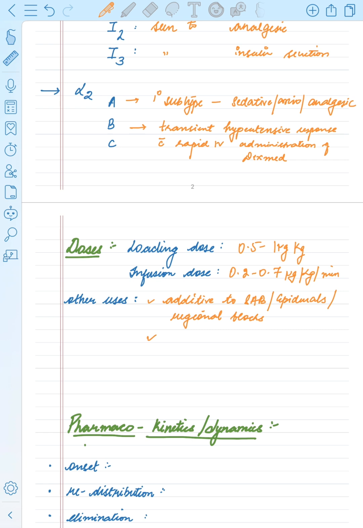Then it can also be used to blunt the stress response to intubation, for intra-articular use in arthroscopic surgeries. Then it can be used in neuroanesthesia to prevent increase in ICP, and it has also been used in alcohol withdrawal syndromes.